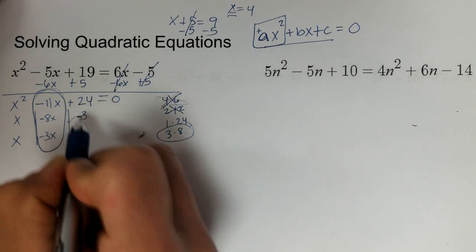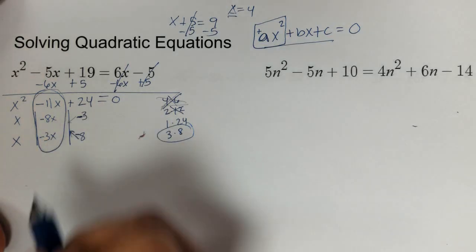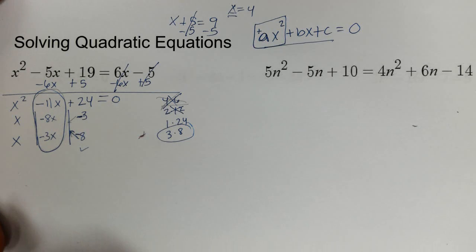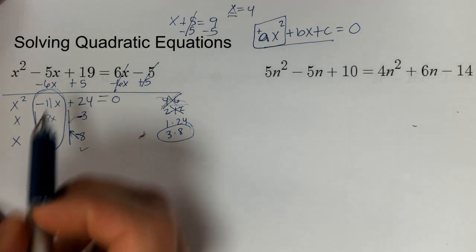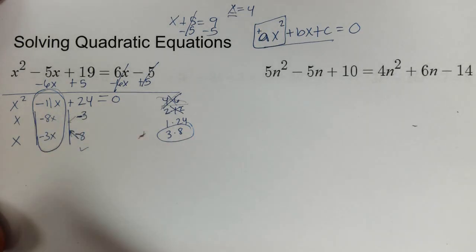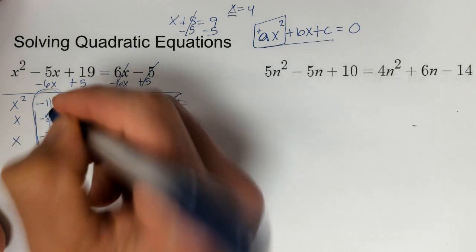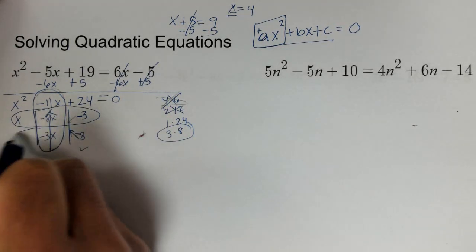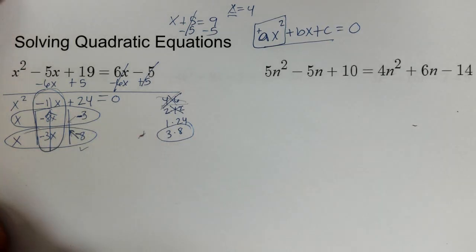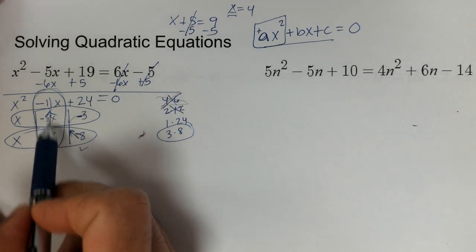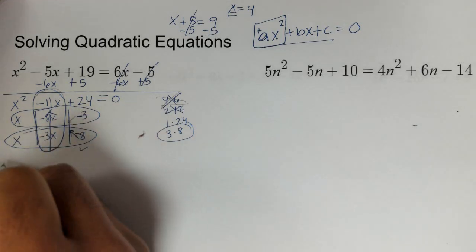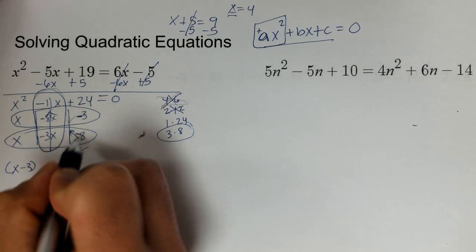Now, is negative 3 times negative 8 still positive 24? You bet. So I'm using this 3-column method in order to double check my work: that the signs are negative, which ones are negative, that they multiply to a positive, all of that. Once I check my work down the middle, my factors will always be on the outside horizontally. I cross multiply to combine like terms, but my factors are sideways: x minus 3 and x minus 8.